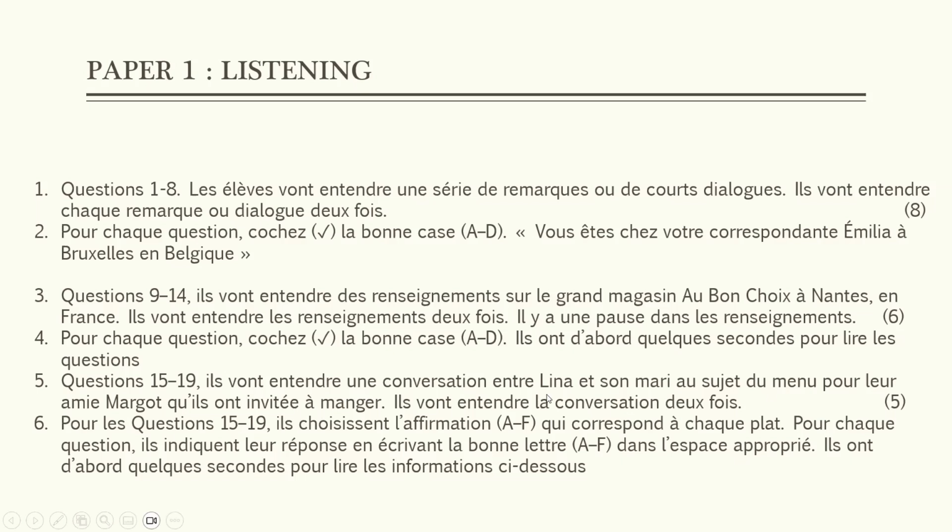Here I have pulled out some of the topics asked this year in May, June. It is a conversation between two persons about the menu, and they have to listen and choose the correct statement or answer. Fine.